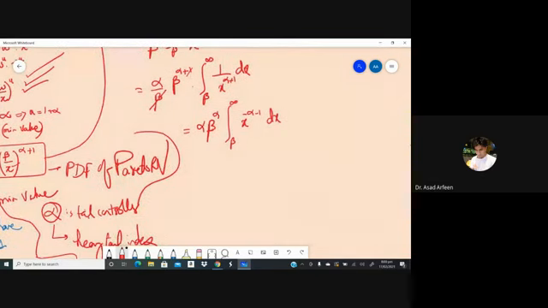Let me further try. So how to solve this? It's a very simple integral.